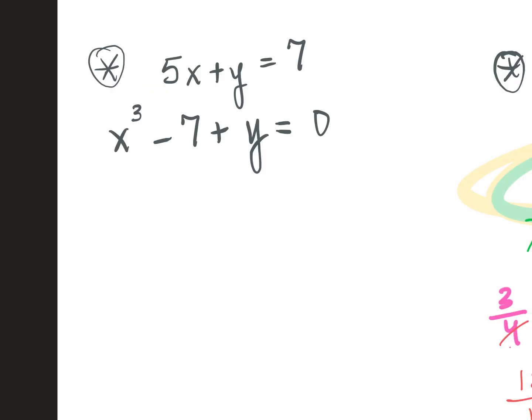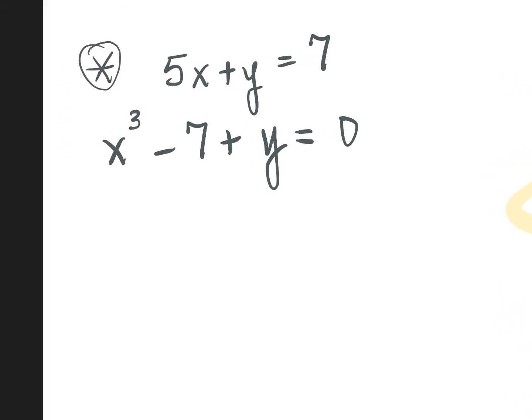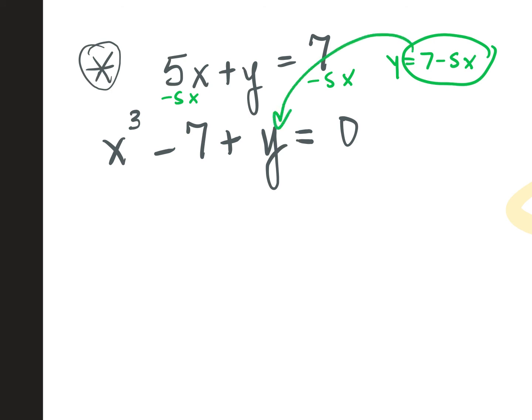What should I solve for first? Y in which equation? Y in the top one. So I'm going to subtract both sides by 5x. So I have y is equal to 7 minus 5x. What do I do with this now? Substitute it into y.